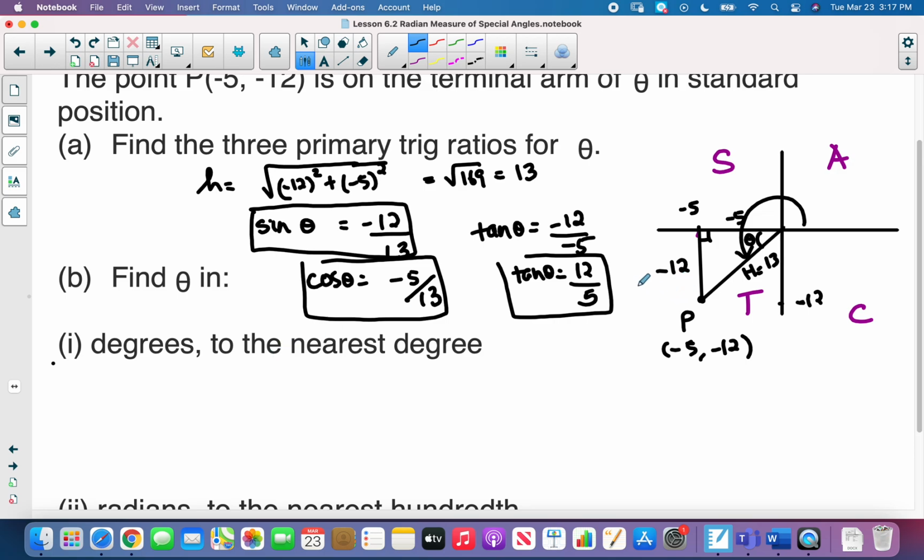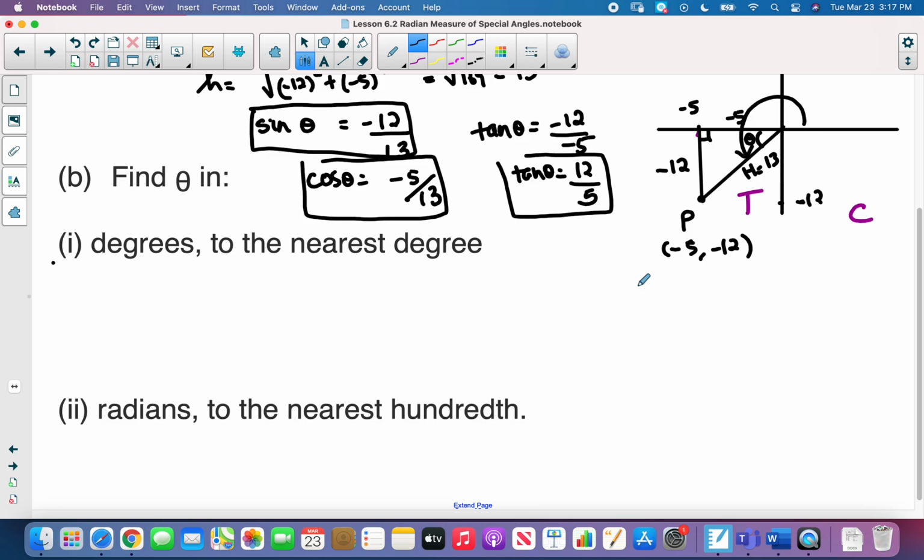Find angle theta to the nearest degree. So if I just use any of these 3 ratios, let's use the tan one, it's positive. So tan theta is 12 over 5. So angle theta is tan inverse of 12 over 5.